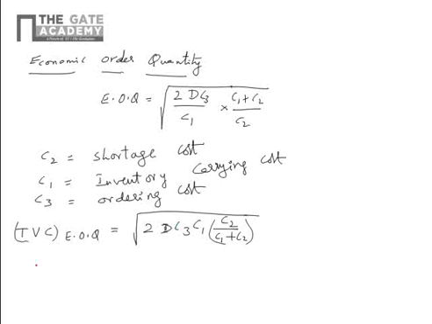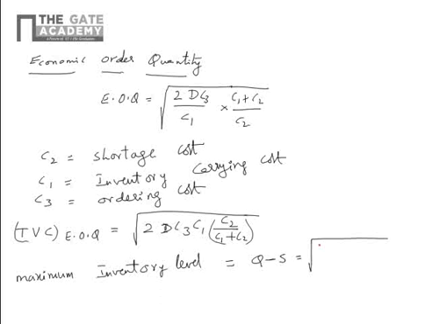Other characteristics like maximum inventory level is equal to Q minus S, which is the square root of 2D C3 by C1 into C2 by C1 plus C2.